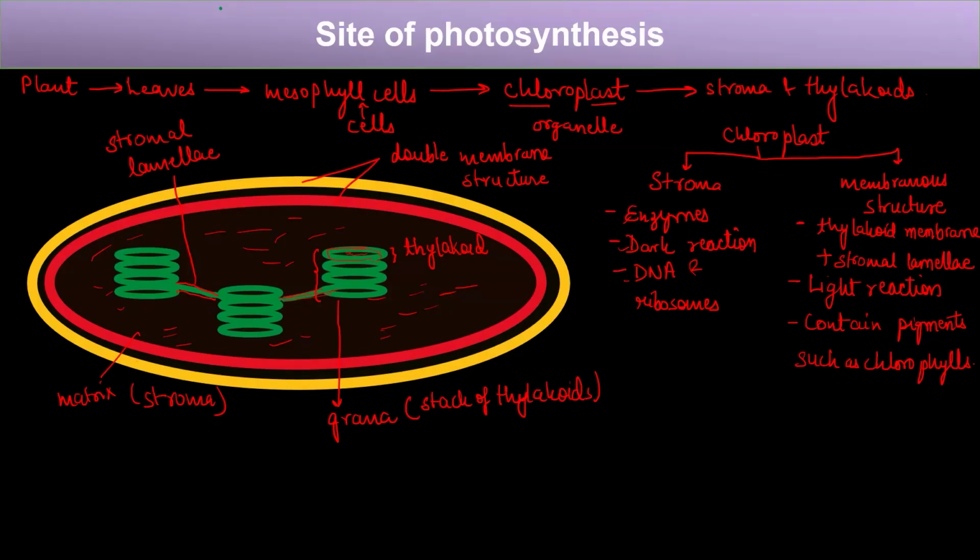Now, one thing we can notice here is that the entire photosynthesis is not taking place at one site. In the chloroplast itself, there is a division of labor, because the light reaction takes place in the membranous structure, while the dark reaction takes place in the stroma. So we can write: in the chloroplast, there is division of labor.